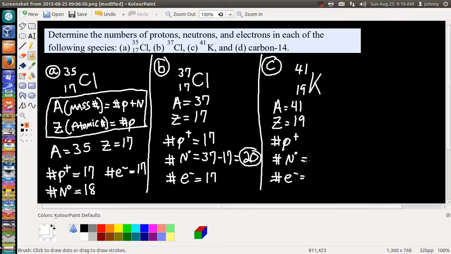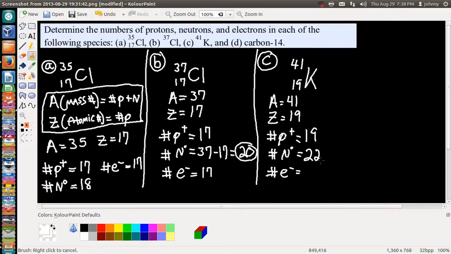Now, we have 19 for the atomic number, so that means we have 19 protons. Now remember, to get the number of neutrons, we're going to subtract 41 minus 19. When we do that, we will get 22.